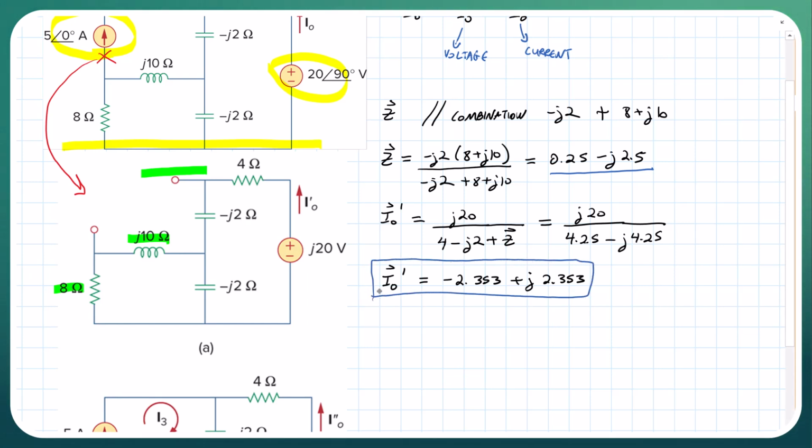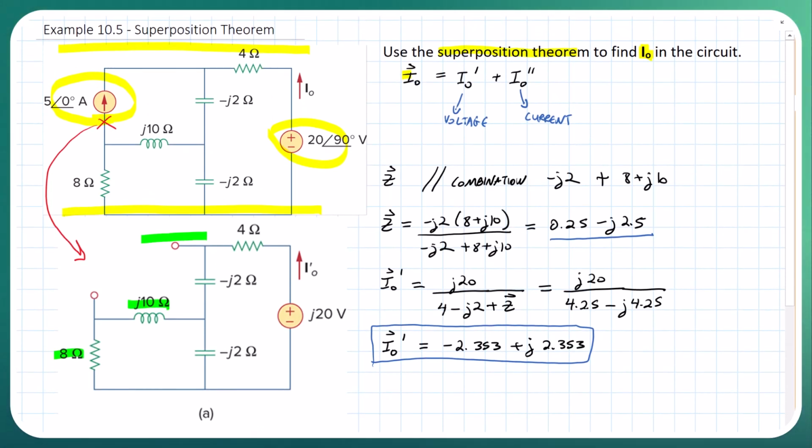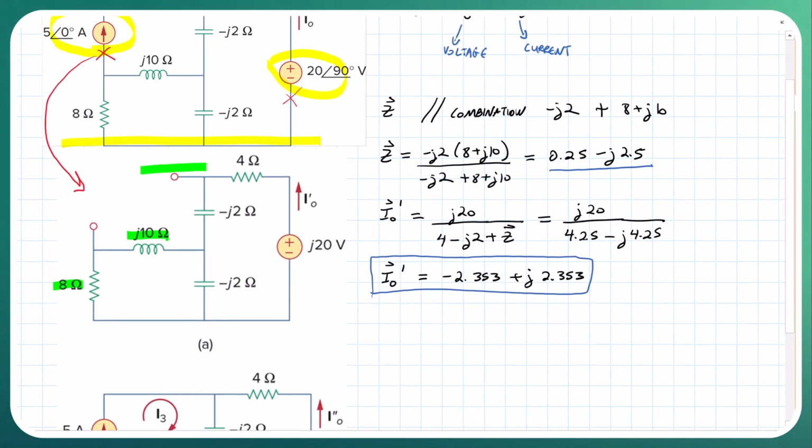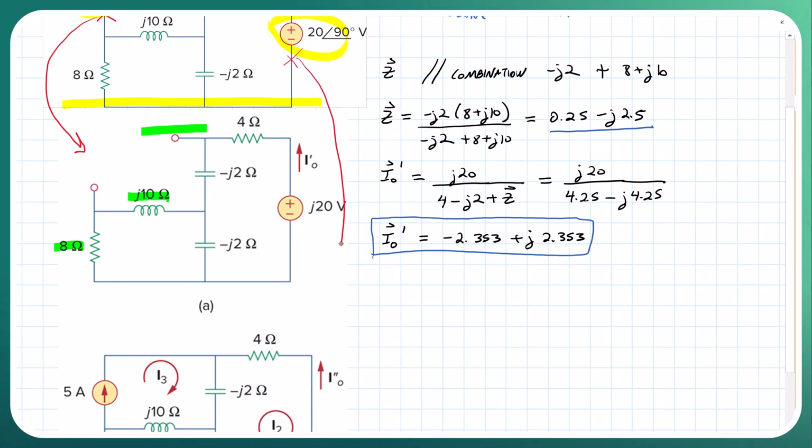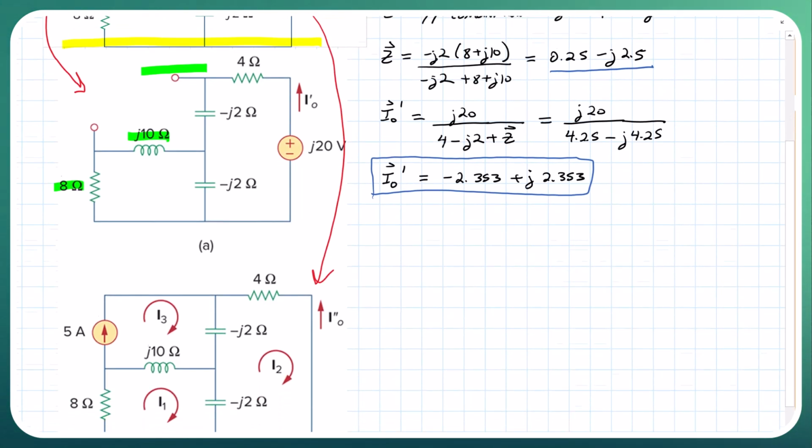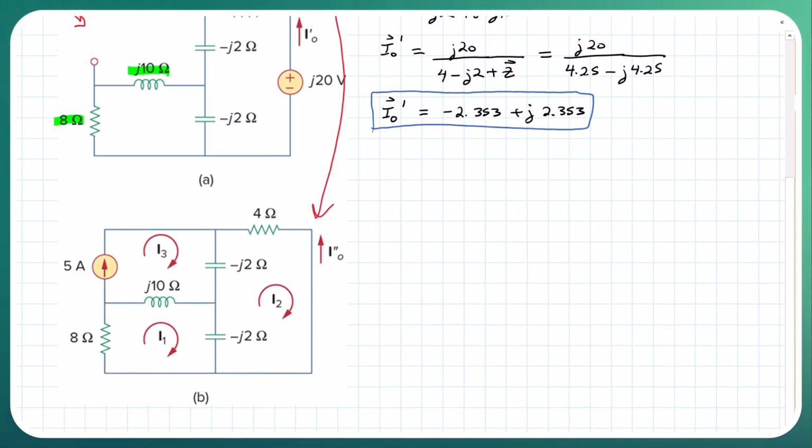Okay, so now we've solved for I naught prime. Next is to solve for I naught double prime. To do that, we're going to have to turn off this voltage source, and that gives us the second circuit down here. When we turn off the voltage source, it becomes a short circuit. And now we're trying to solve for I naught double prime. So let's do mesh analysis for the second part of the circuit.